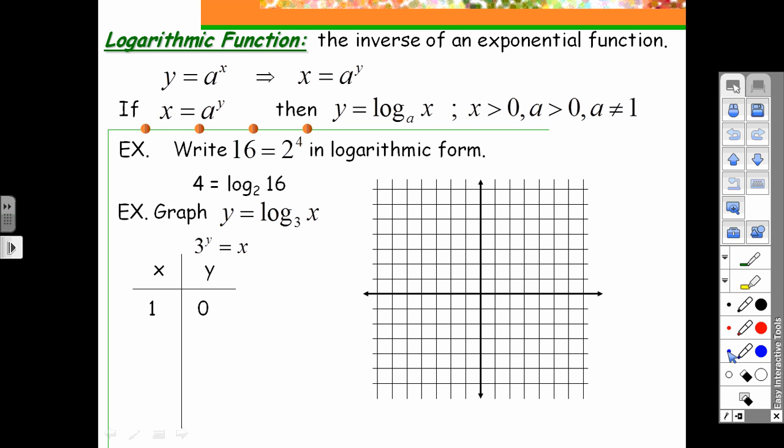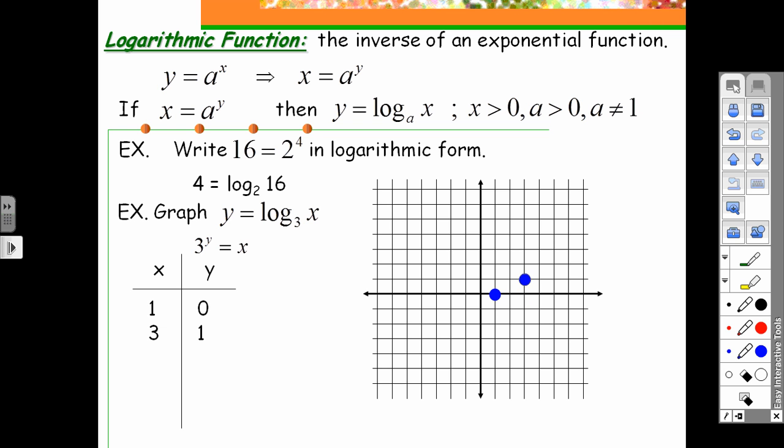All right, well, let's place that on here. If we go over 1 for x, we're going to go up 0 for y. Okay, next, let's plug 1 in for y. And so we should get 3 for x. So now we go over 3, and we're going to go up 1 for y.